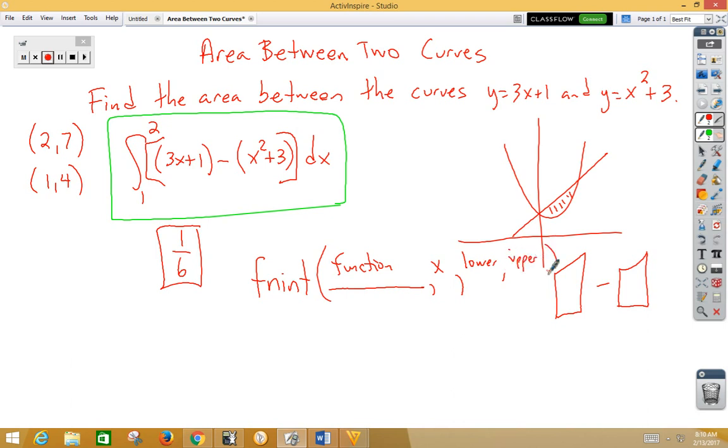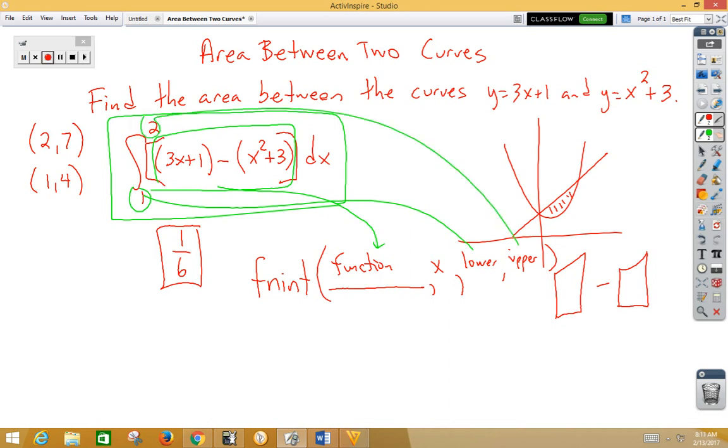That may seem like a lot of work, but it's the exact same thing that you would type in otherwise. In this particular case, the function you would put in is this one right here, your lower bound would be 1, and your upper bound would be 2. So just keep in mind that's how you use an older style calculator.